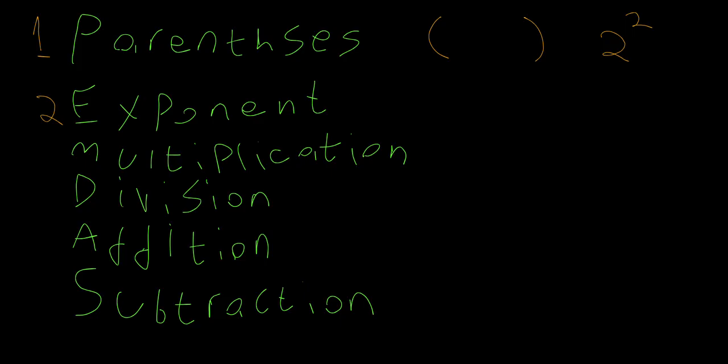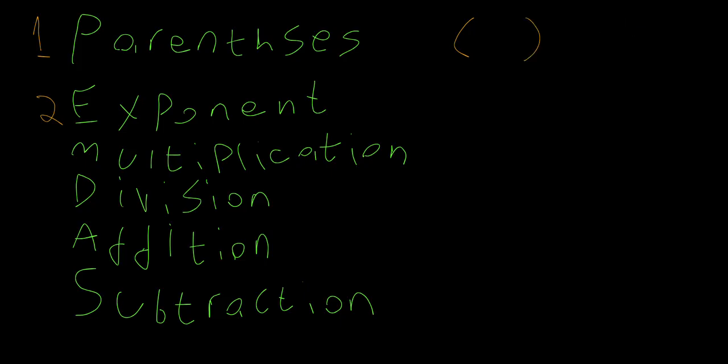Let's say, for example, and this is going to be a little advanced, 2 plus 3 squared. When you see this in a bracket raised to an exponent, you need to perform the operation within the bracket first, okay?